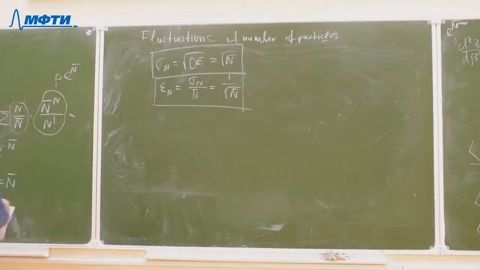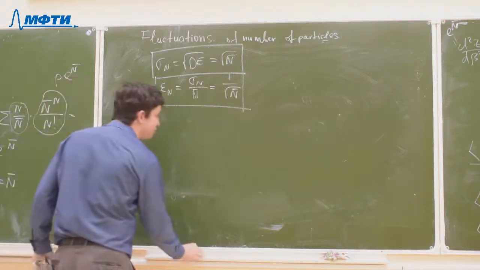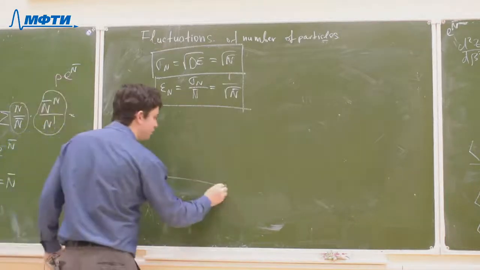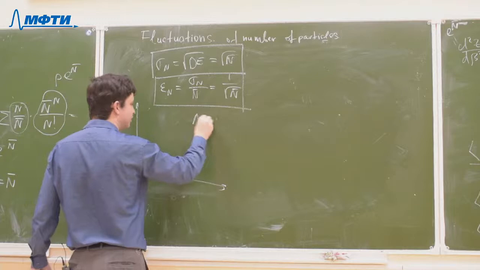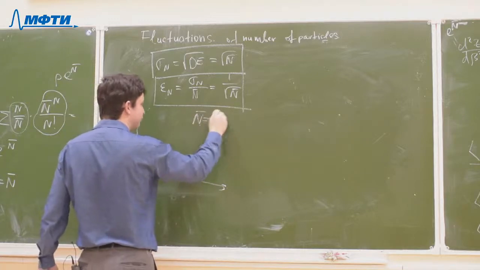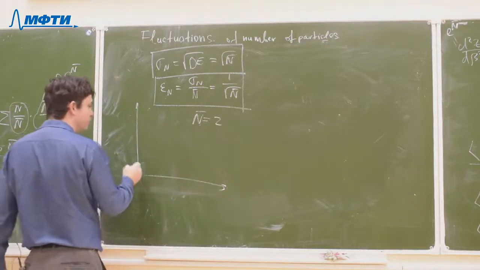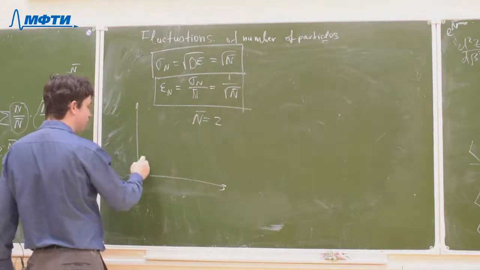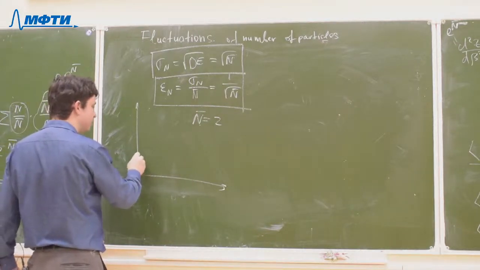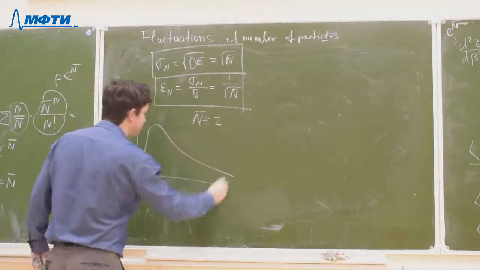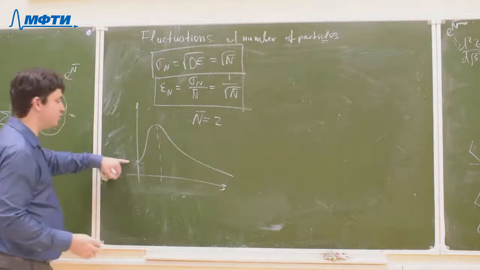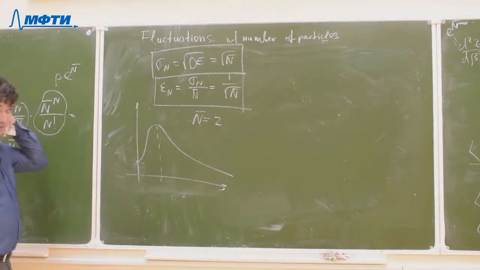Although the initial distribution looks quite complex, the Poisson distribution is asymmetric. If, let's say, the average number of particles is equal to 2, then the Poisson distribution gives us some kind of an asymmetric function, because it's impossible to have the number of particles below 0.